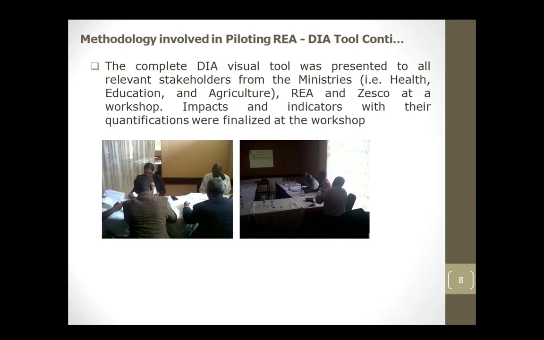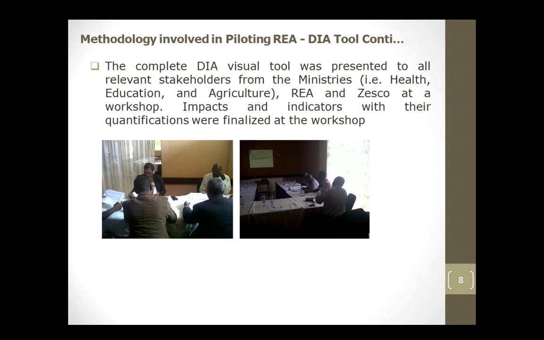This is the ministry in charge of the beneficiary institution where we are taking power. And also there was a workshop which was conducted. Impact and indicators with their qualification were also validated at the workshop held. You can see that's the picture of the workshop conducted.